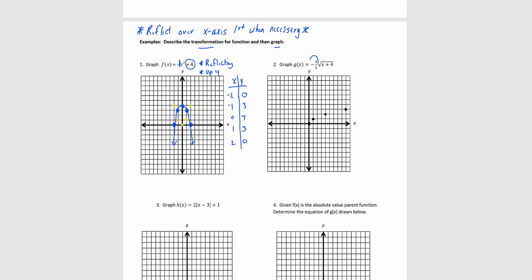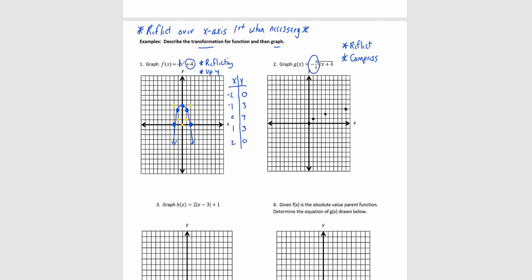And then the first thing I want to take care of is we have a -1/2 on the outside as a multiplier. So the negative sign is going to reflect us across the x-axis. The 1/2 is going to compress the graph by a factor of 1/2.